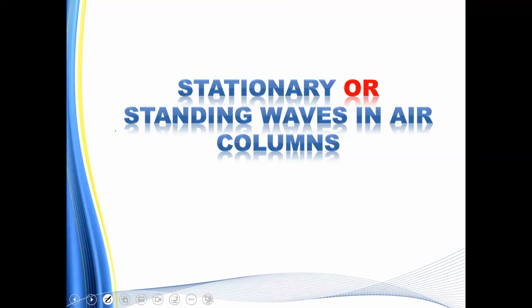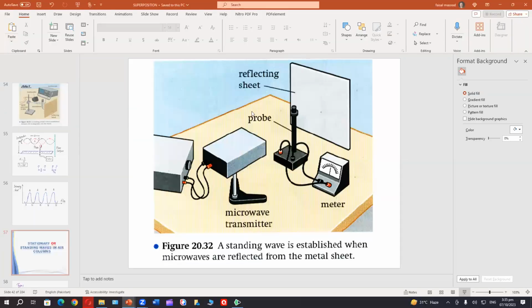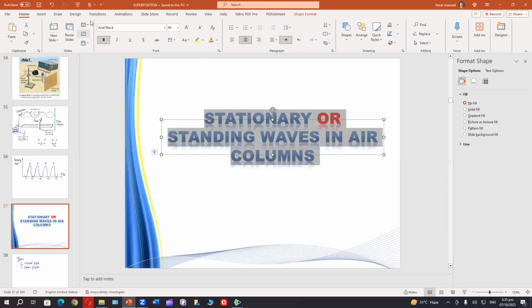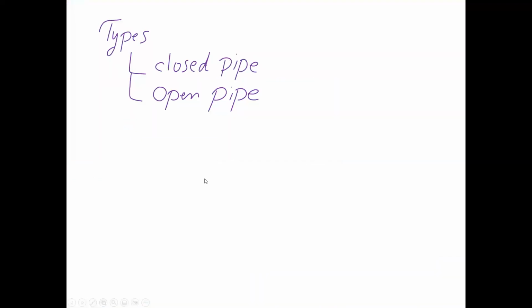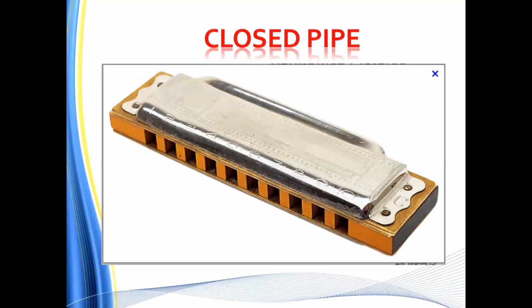What was that topic? Air column. There are two types of air columns. One is called an open pipe and the second is called a closed pipe. This is called a closed pipe.